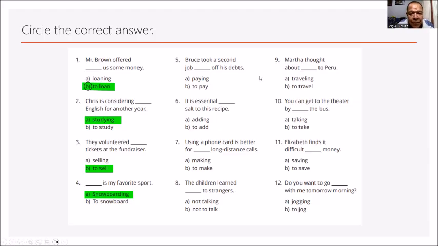Number 5. Bruce took a second job to pay off his debts. Number 6. It is essential to add salt to this recipe. Number 7.